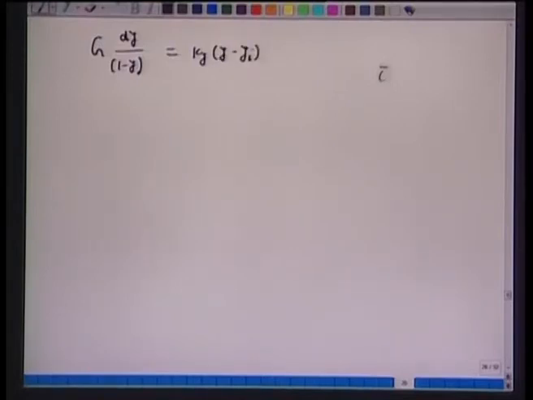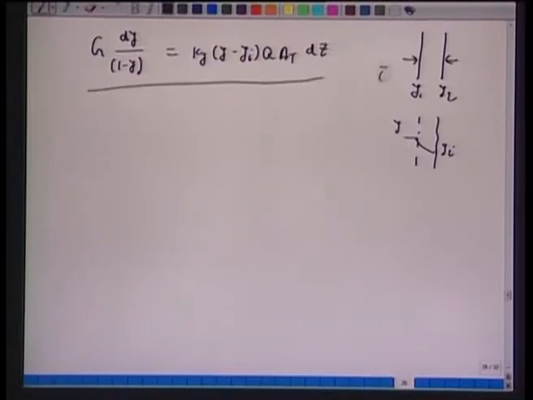In our packed columns now we have y at any location, and the interface mole fraction yi. So, we are writing y minus yi instead of y1 minus y2, multiplied by A cross-sectional area and dz. This is the place where the equations should let us recognize that now we are going to get the height of this column.